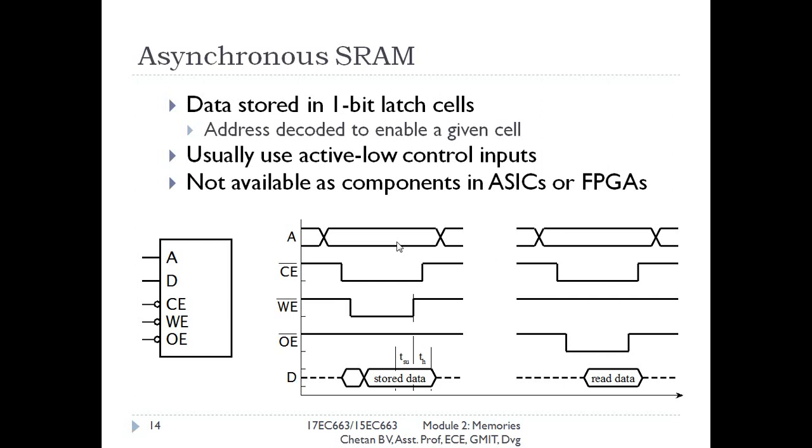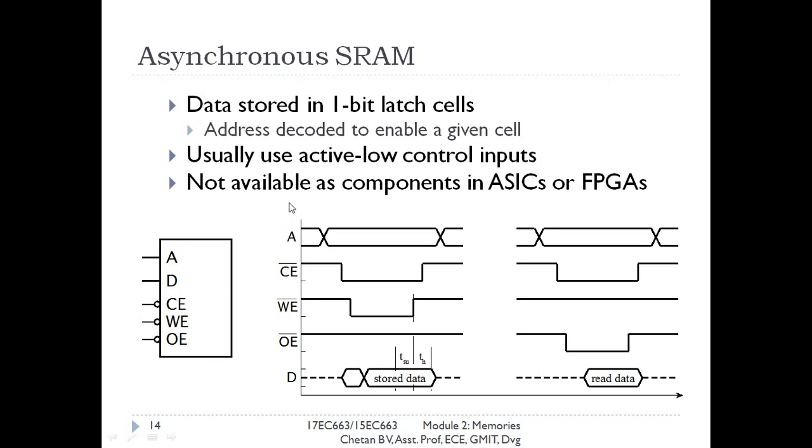Therefore, the sequential timing constraints of a D-latch, that is setup time, hold time, clock to output delay, all apply for this RAM also. This static RAM has active low control signals, as you can see in the block diagram.